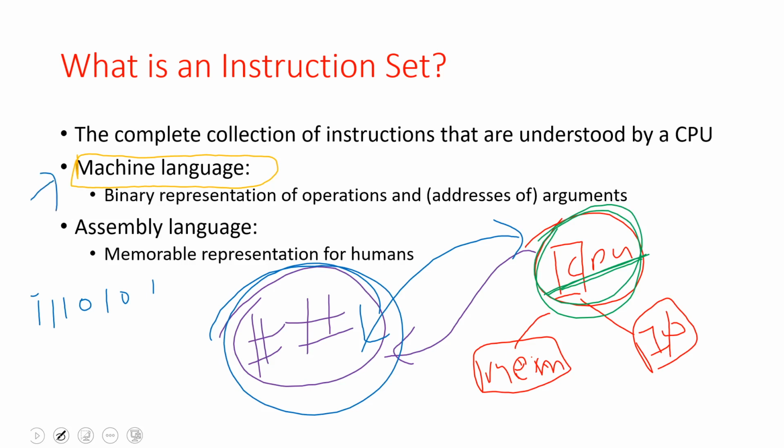On the other hand, we have what is called assembly language, which is basically a memorable representation of that machine language, or the instructions for the CPU, for the purpose of understanding by humans.